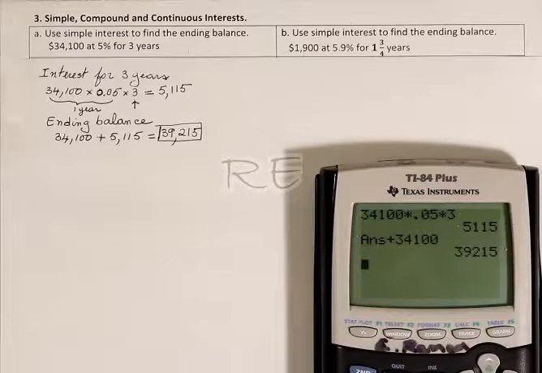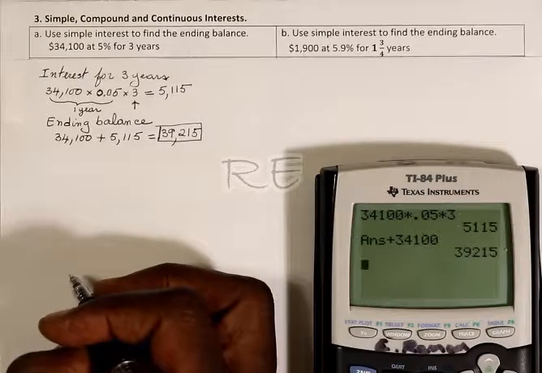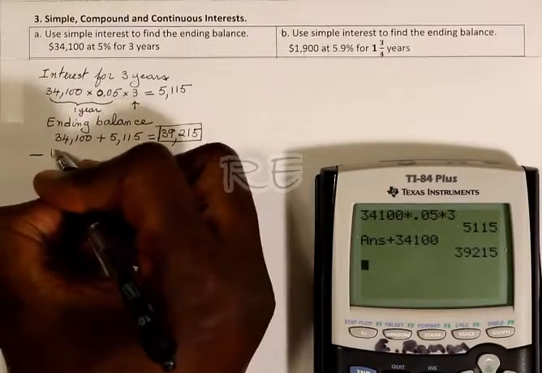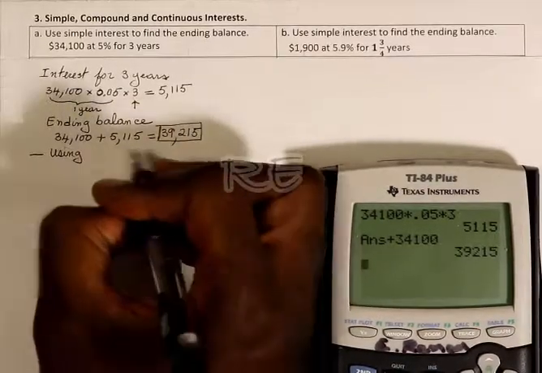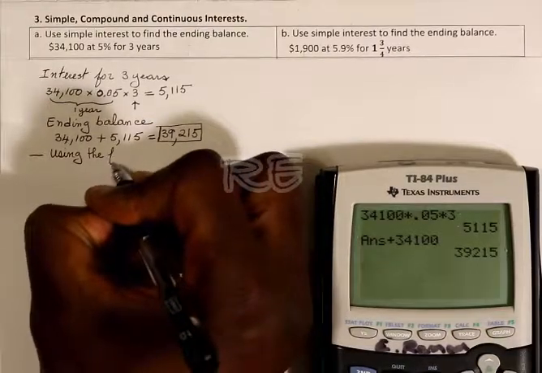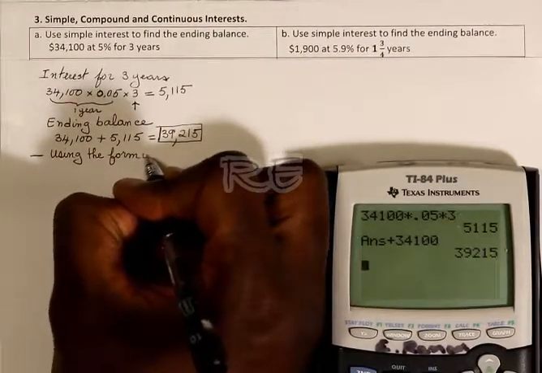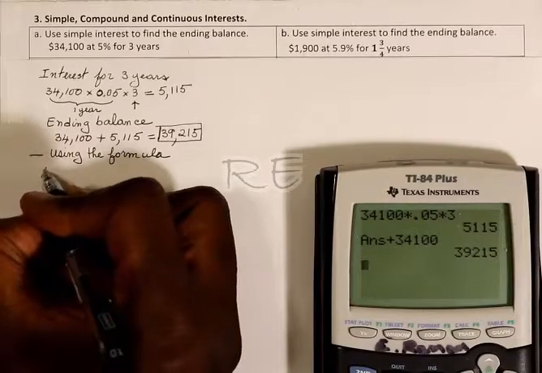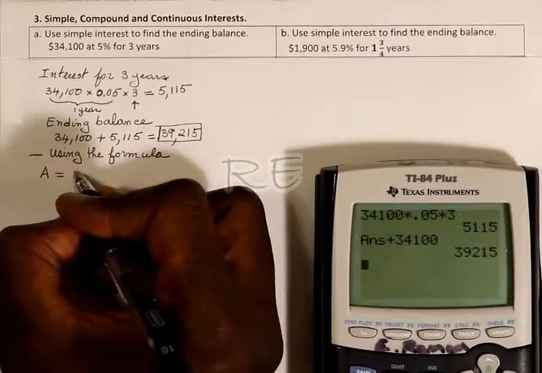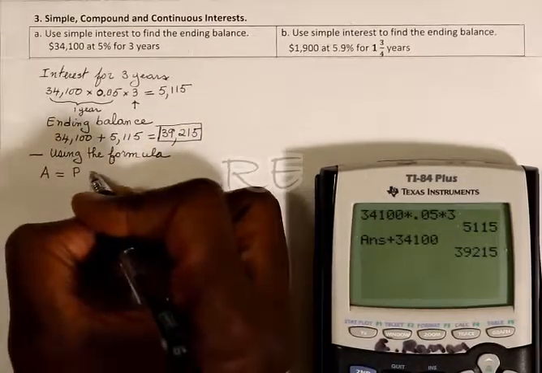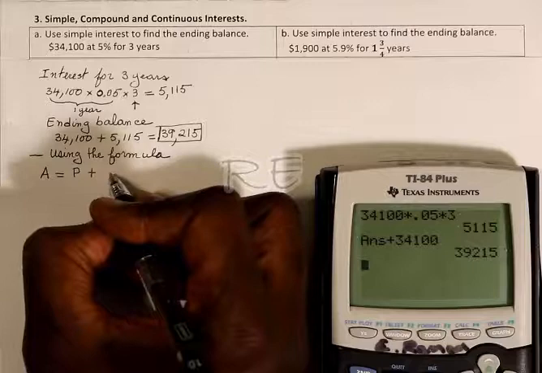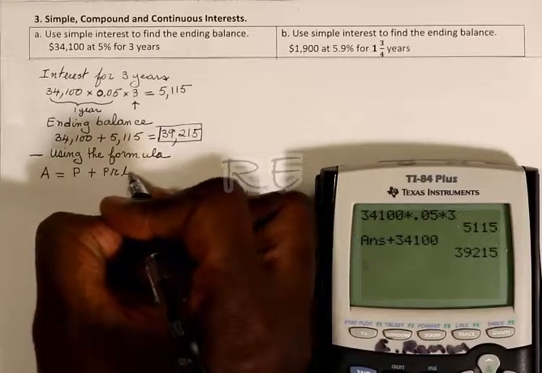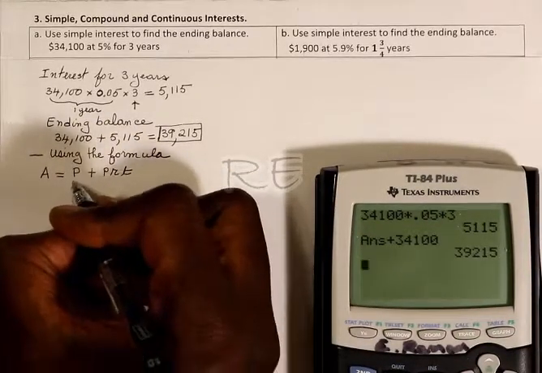Now we're going to see how the formula works. The amount accumulated, we're going to call it A. So using the formula, we realize that the amount accumulated in the account A is equal to the initial deposit plus the interest paid for 3 years, which is the initial deposit multiplied by the annual interest rate multiplied by the time, which is 3.